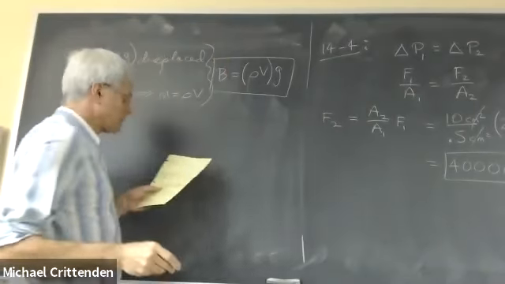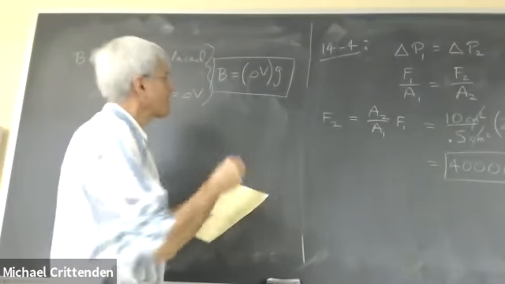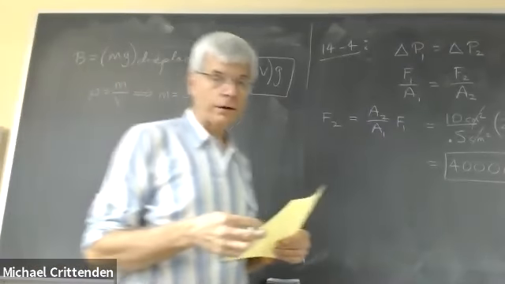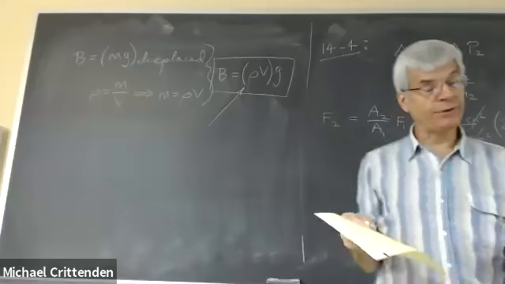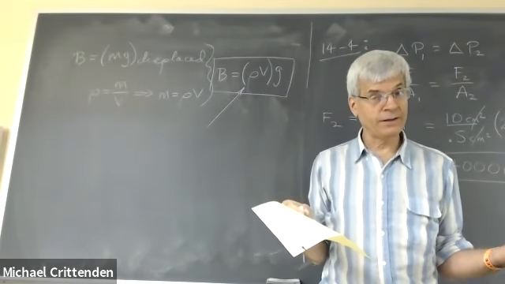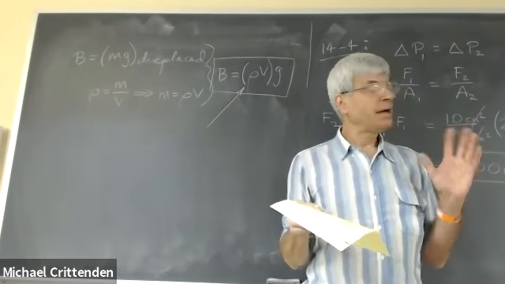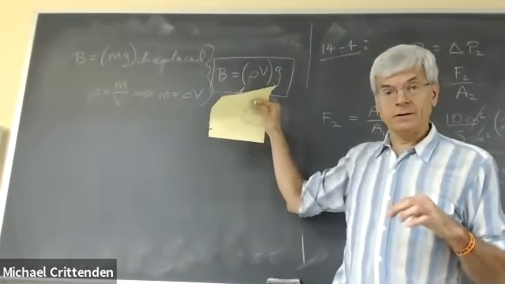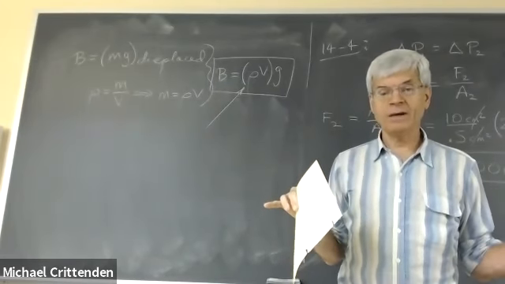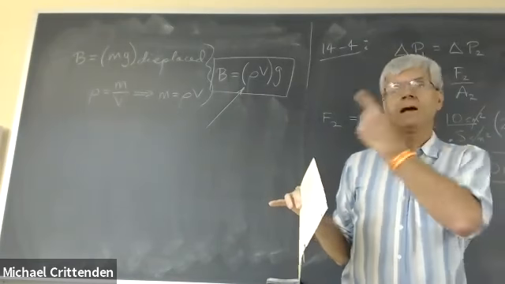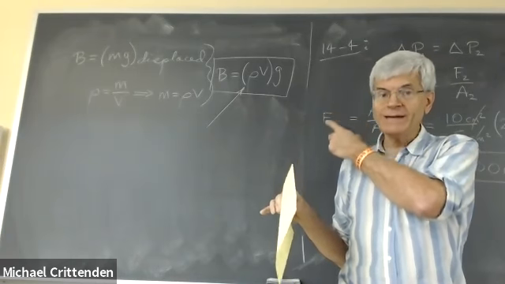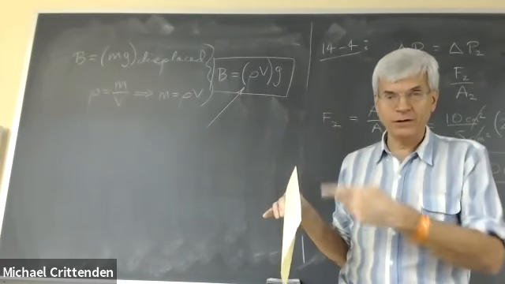But that can be a little tricky. If you are working on a problem that tells you both the density of the object and the density of the surrounding fluid, keep in mind, don't just throw random numbers at equations. Try to keep in mind what they mean. What's lurking behind this equation is that you're calculating the weight of the displaced fluid.